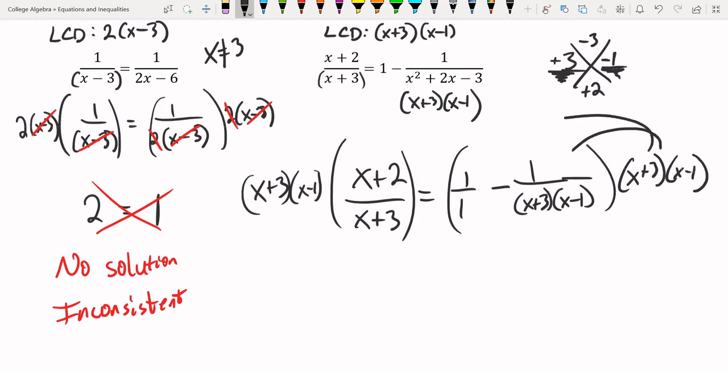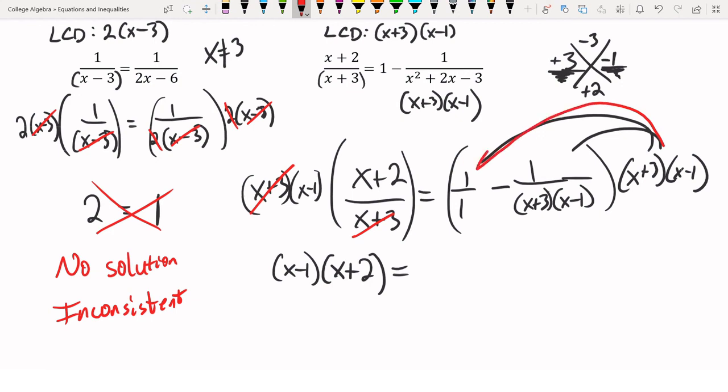This gets distributed into all the terms. On the left-hand side, those canceling, giving us x minus 1 times x plus 2. x plus 3 times x minus 1 times this thing times the 1 over 1. That's just going to be the thing by itself. So x plus 3, x minus 1.